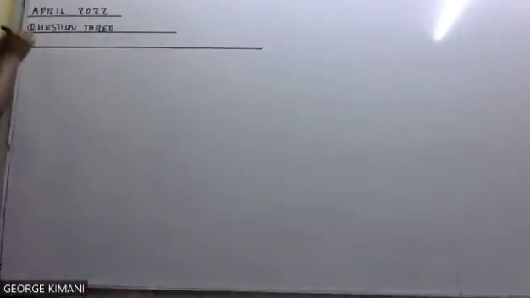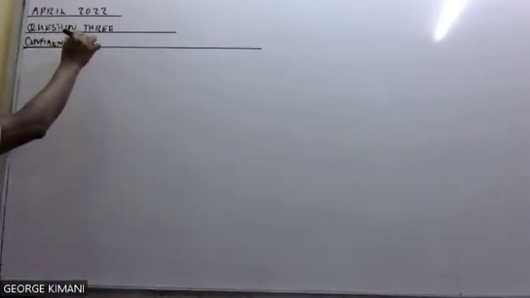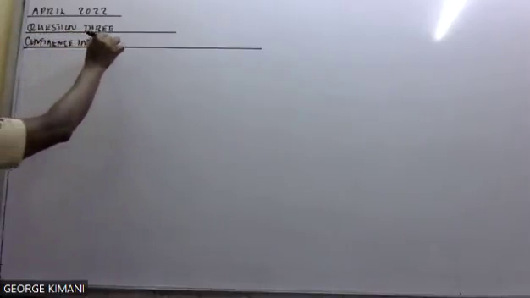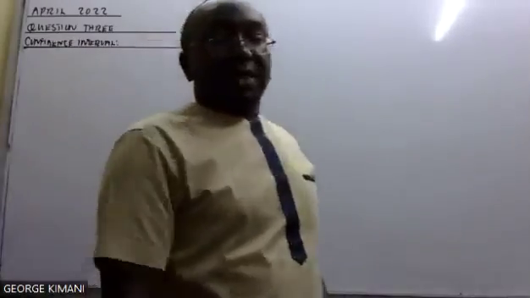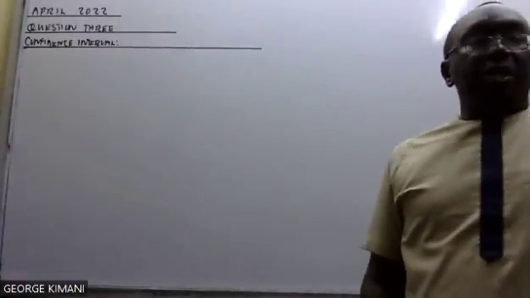That is what we are told to get: confidence interval. I told you after identifying whether it is hypothesis or confidence interval, you establish whether the population is known or unknown.